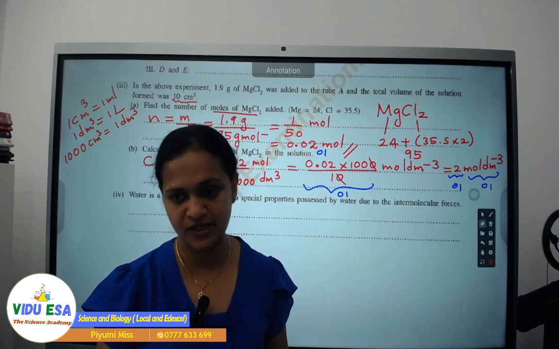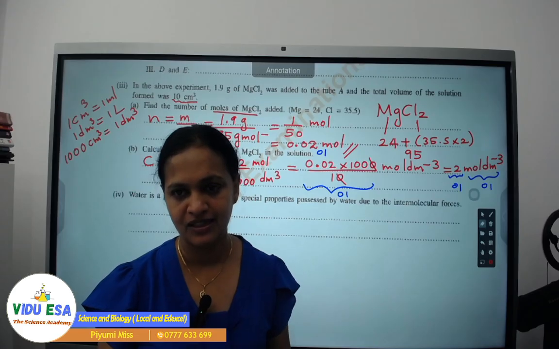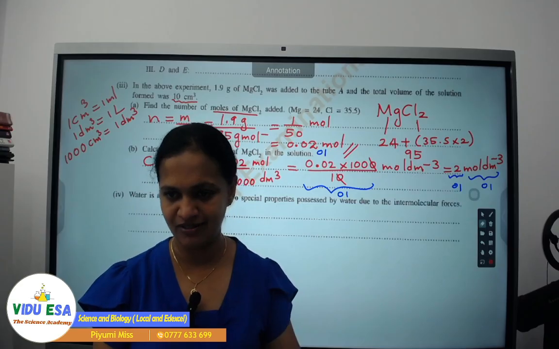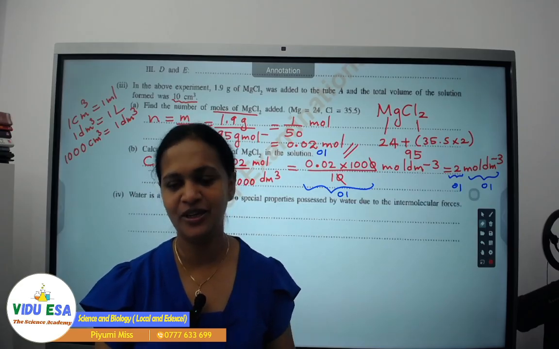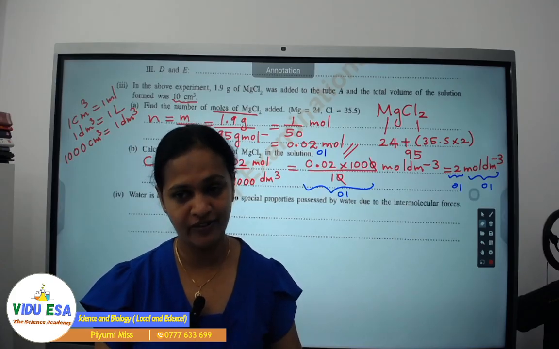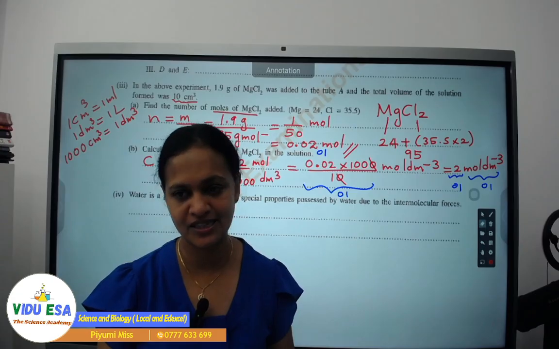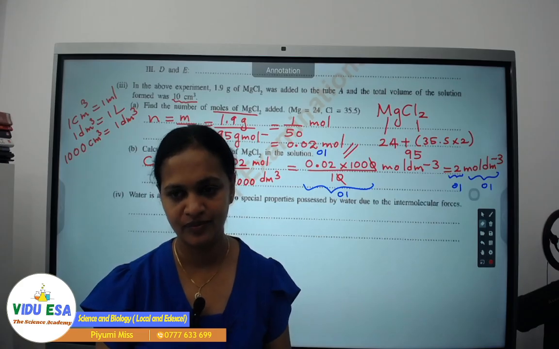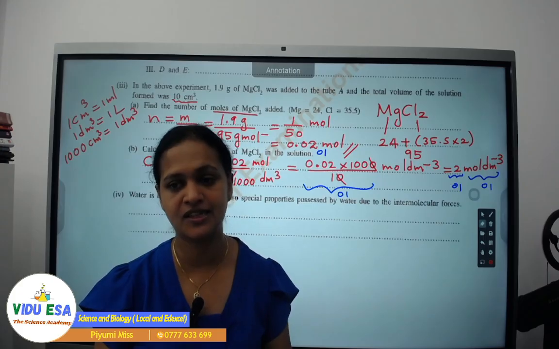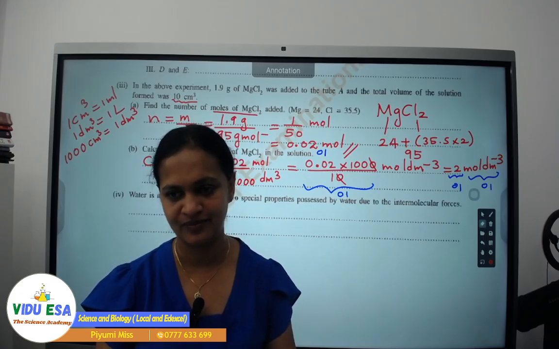Having a high specific heat capacity. Some of you write having a boiling point, having a specific heat capacity. Those everyone has; it must be a high boiling point and a high specific heat capacity. Because of having a high boiling point, water exists as a liquid at room temperature. That is also important. Write that water exists as a liquid at room temperature.